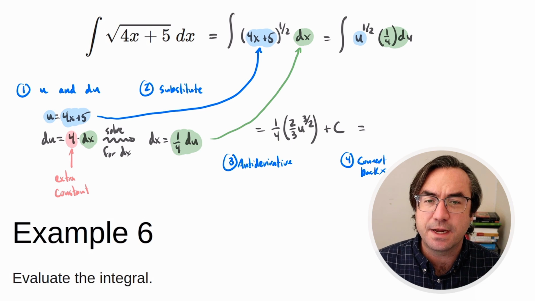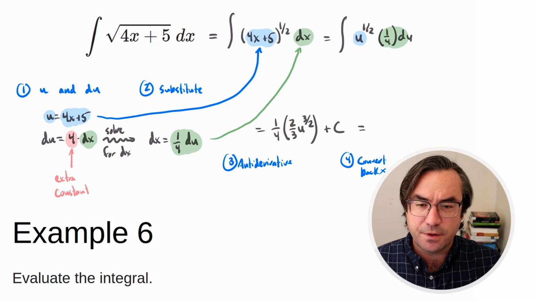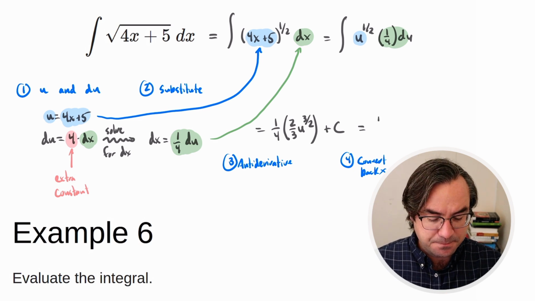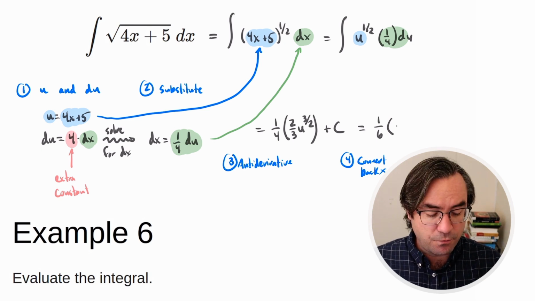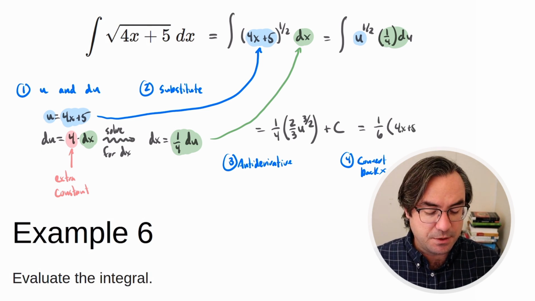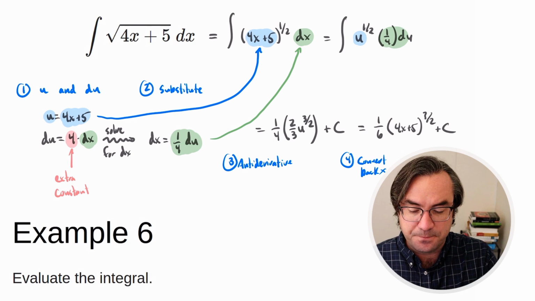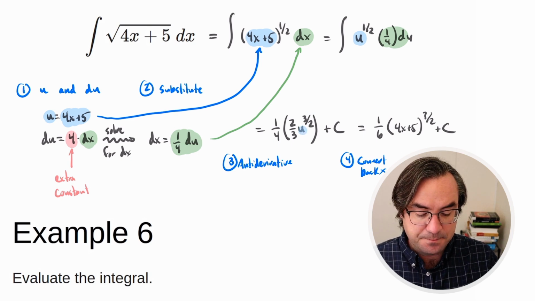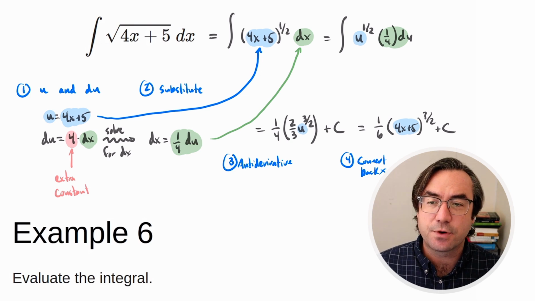The 1 over 4 times 2/3: the 2 cancels out one of the 2's inside the 4, so we end up with 1 over 6. And then in place of that u, we're plugging back in our 4x plus 5. So we have 1/6 times 4x plus 5 raised to the 3/2 power, and then plus c. So we just went back. And there we go. We got our antiderivative.